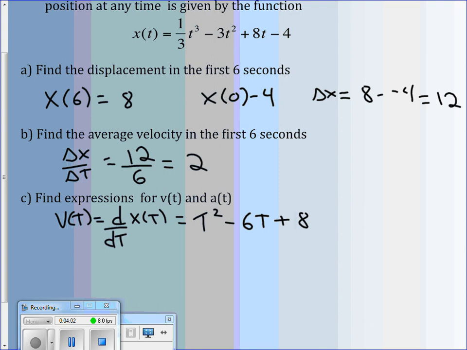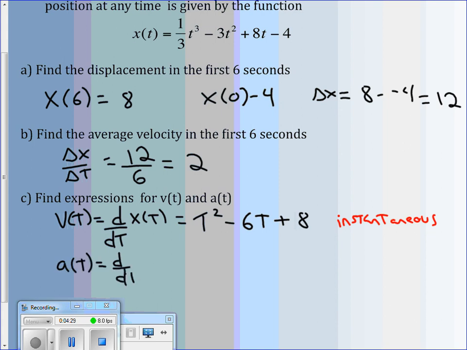That function gives me the instantaneous velocity at any time. And sometimes you'll find that the instantaneous velocity is different from an average velocity. It often is. Okay, acceleration. Well, I'll just take the derivative again.